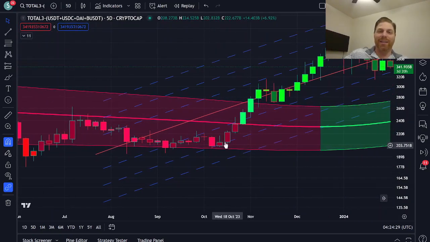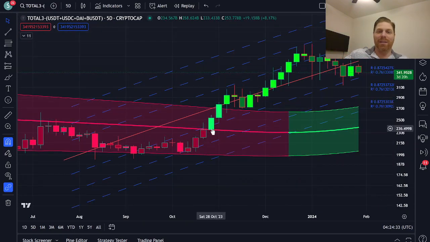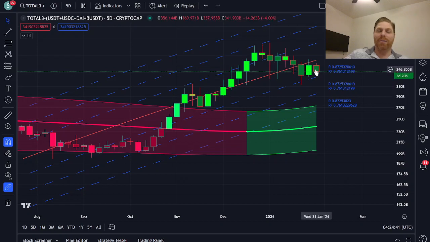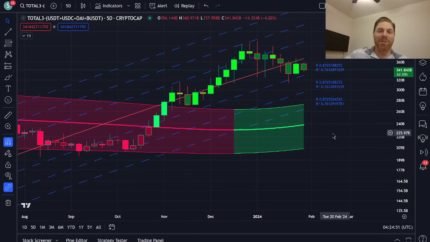We finally got into the Gaussian channel, sliced through it convincingly in about October, November. And if you've been in the altcoin market, you probably experienced some really nice gains during that time. Seems like we're kind of cooling off a little bit right now. However, the Gaussian channel, because of all this momentum we had, is still green. It's a little flat, but it's green, and certainly like green more than red.